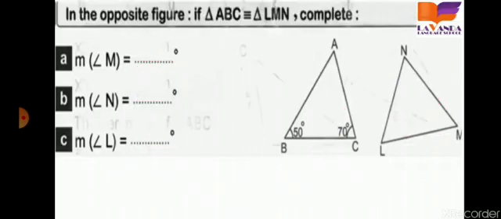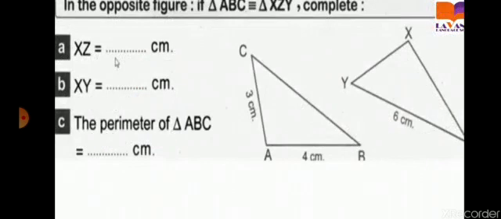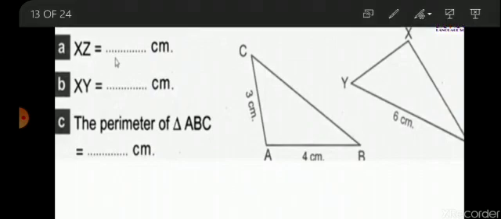Okay, another example. If triangle ABC congruent to triangle XYZ, XZ, there is a Z here, okay? XZ congruent to AC, equal how many centimeters? 3 centimeters.